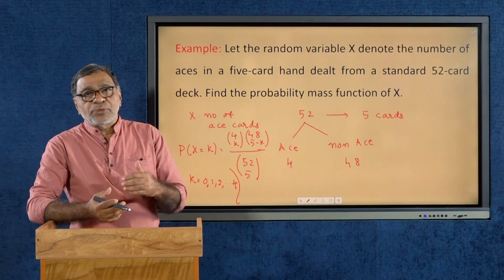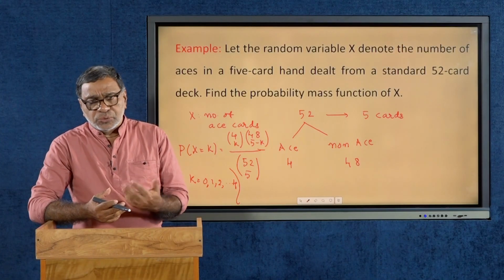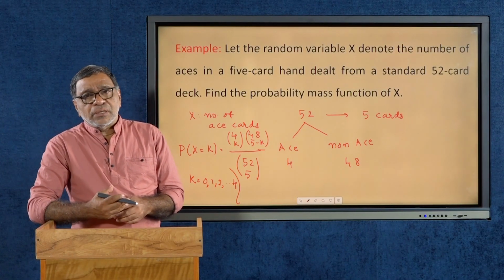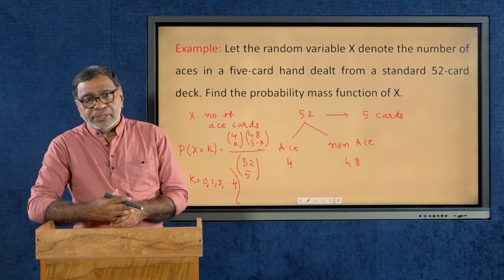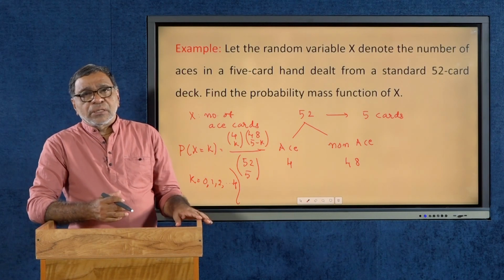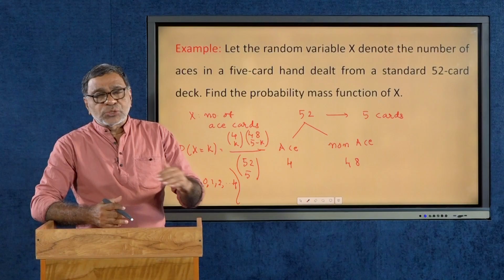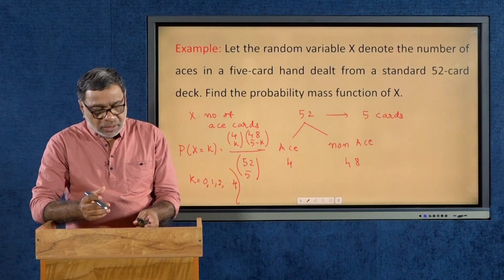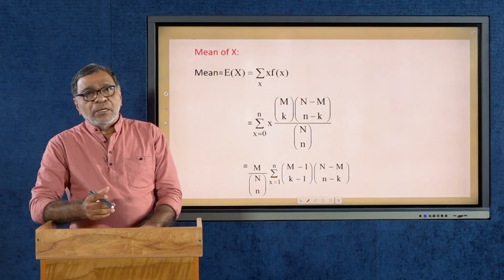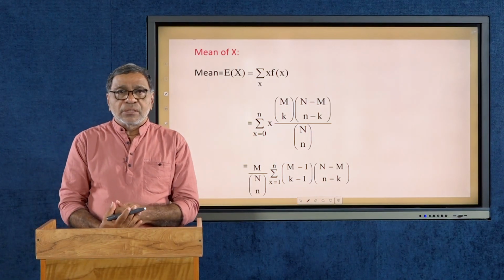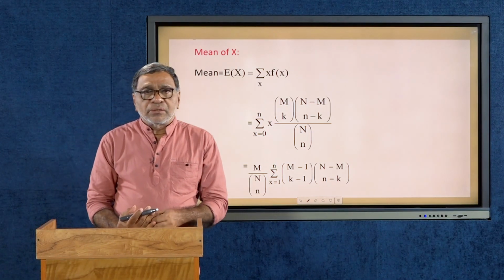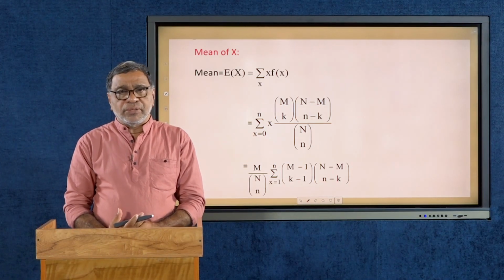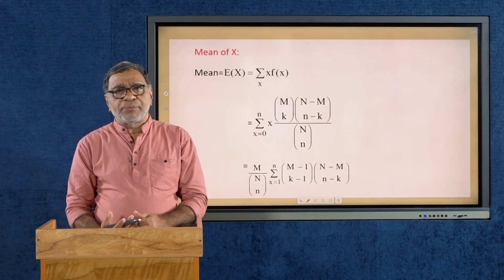So this is also an example, the usual elementary example in the probability section. But remember that this is a problem associated with a hypergeometric distribution. Now we consider the mean value of the hypergeometric random variable. It is very easy to obtain.